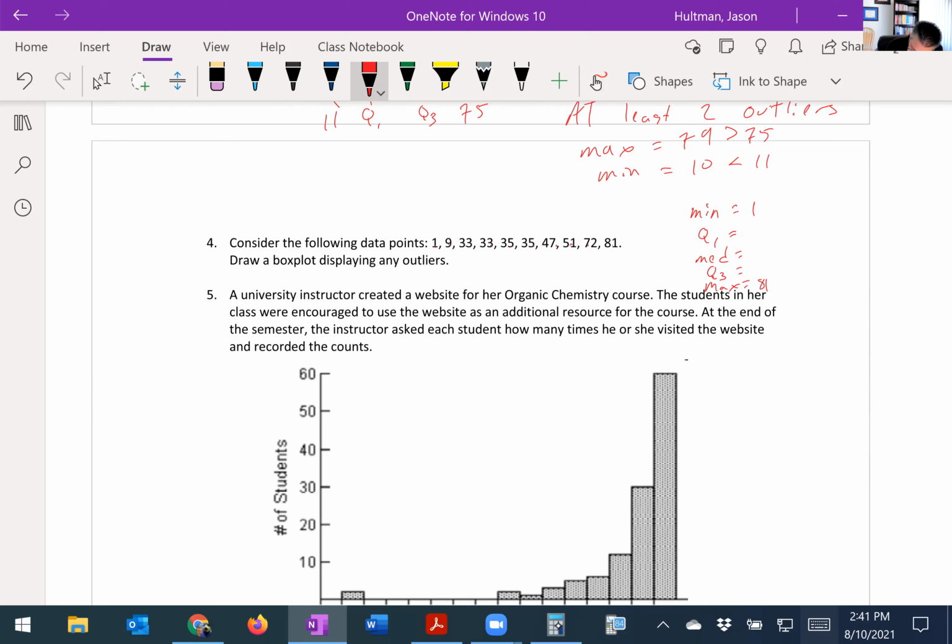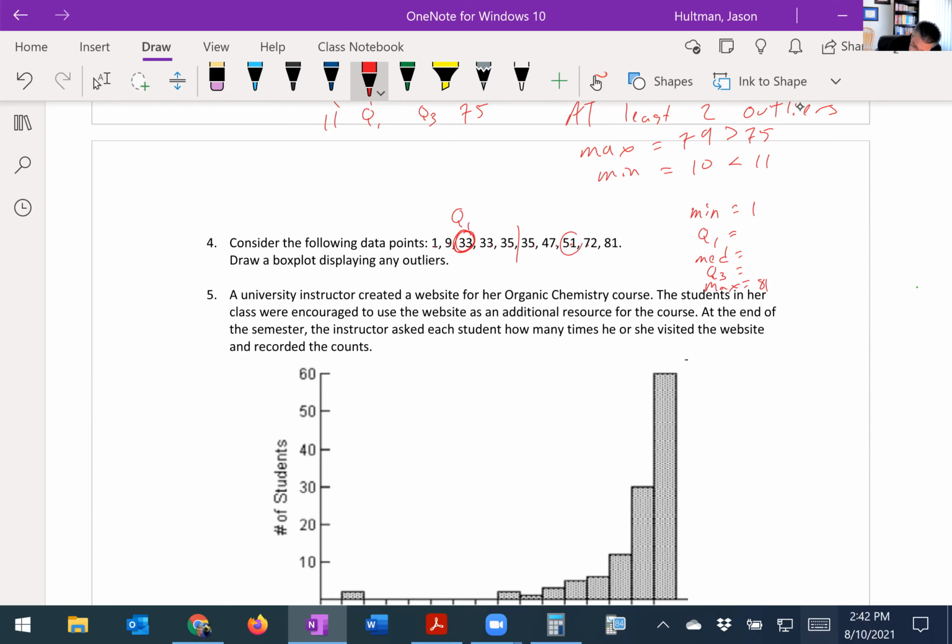Okay, so if I split this in half, then I get a lower half and an upper half. In the lower half, we have Q1, which is the middle of our lower half, which is 33.